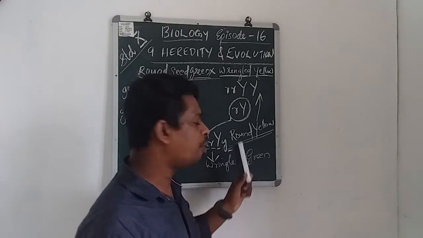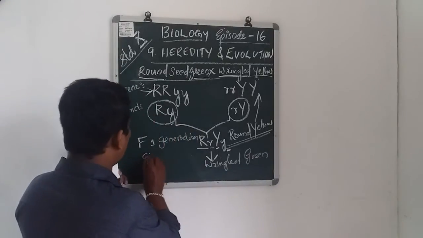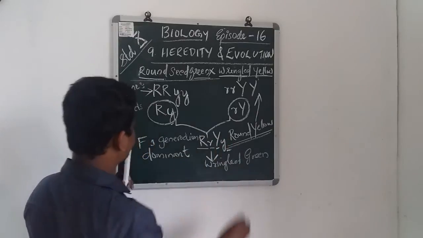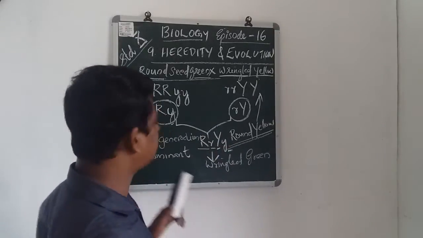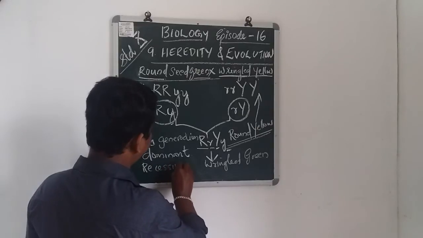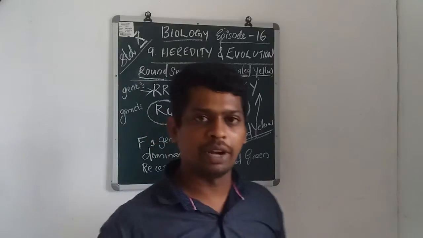The expressed character is known as the dominant character, and the suppressed character is the recessive character. This is the law of dominance.